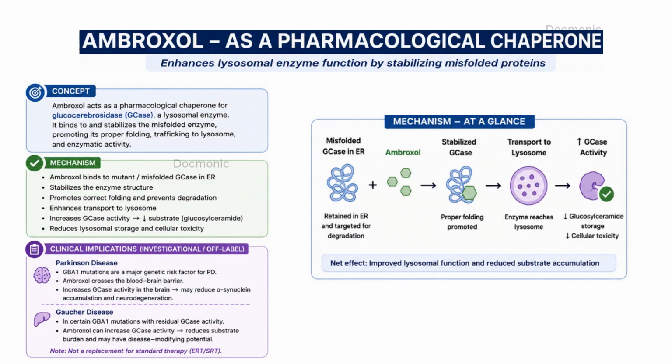Then coming to one of the special properties of ambroxol, it acts as a pharmacological chaperone. This action has been investigated for Parkinson disease and Gaucher disease.